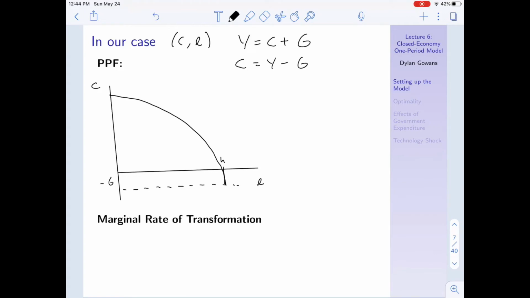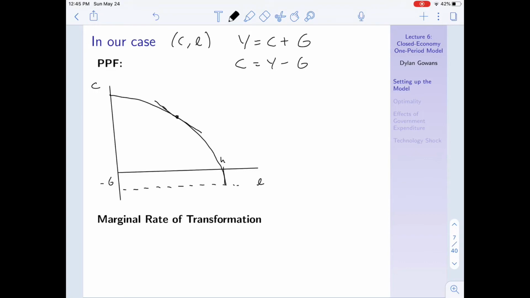Now, the one other thing we might ask then is what's the marginal rate of transformation of our PPF, of our production possibilities frontier? And remember that the marginal rate of transformation is given by the slope at any point. Okay? It's telling us how much additional consumption can I get if I sacrifice 1 unit of leisure?